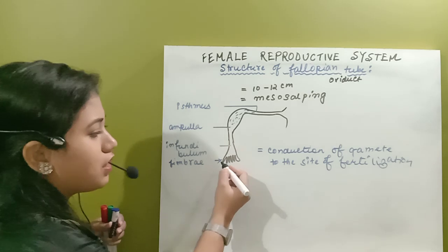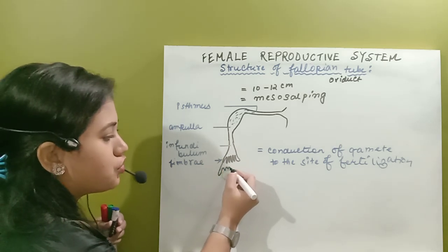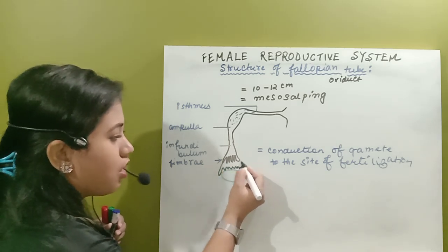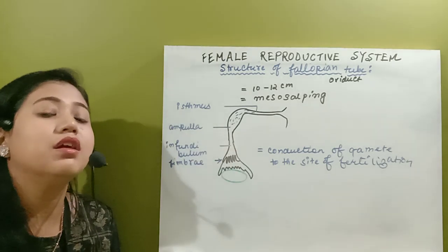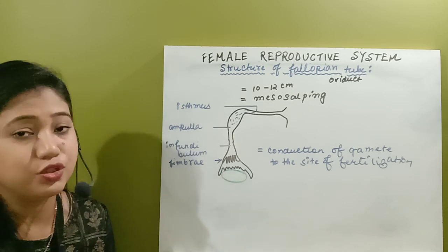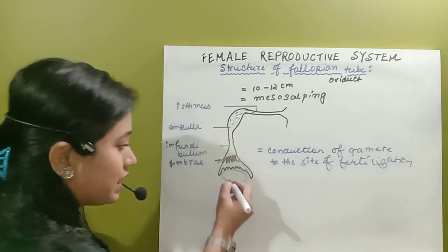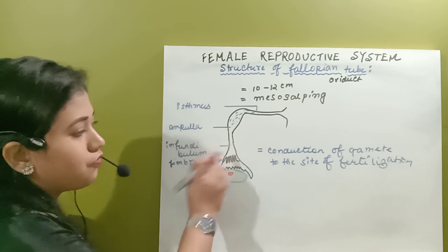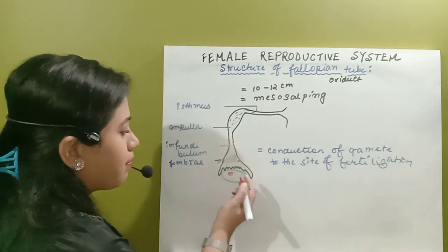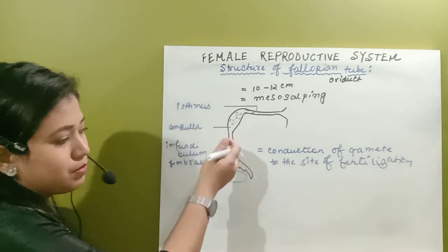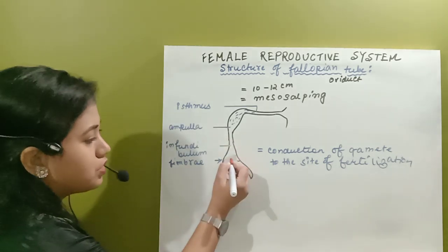That means this finger-like projection will start to roam around this whole ovary, so that whenever the gamete is popped out by the ovary during ovulation, this fimbriae can receive the gamete. So what happened? This ovum is being carried to the fallopian tube.